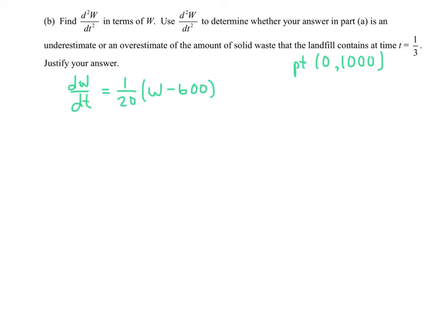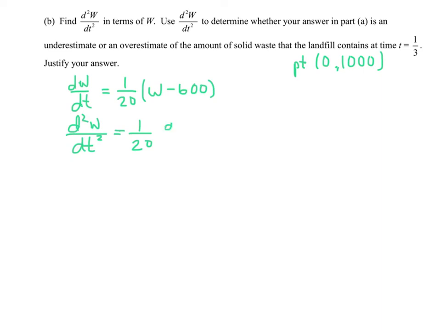If I take the derivative of the derivative here, 1/20 is just a constant, so copy that down. The derivative of w minus 600 is simply 1 times dw/dt.